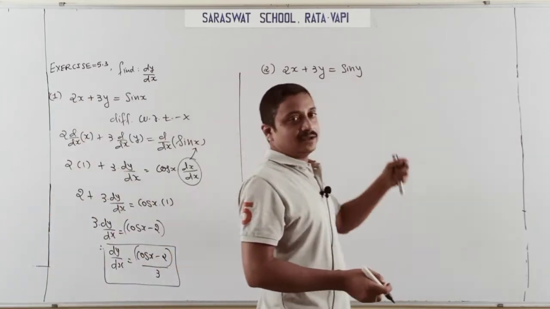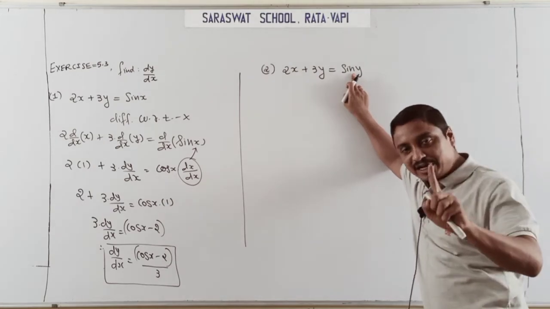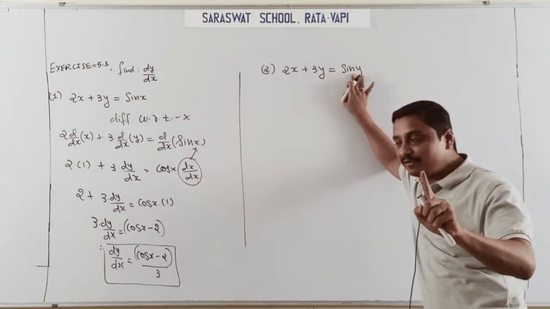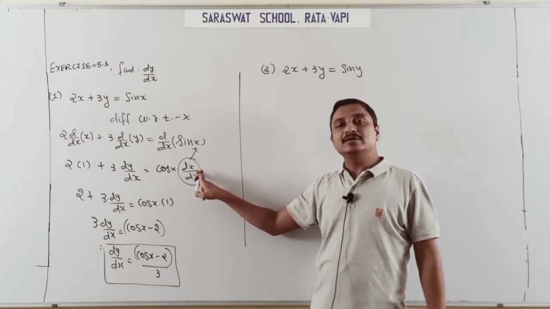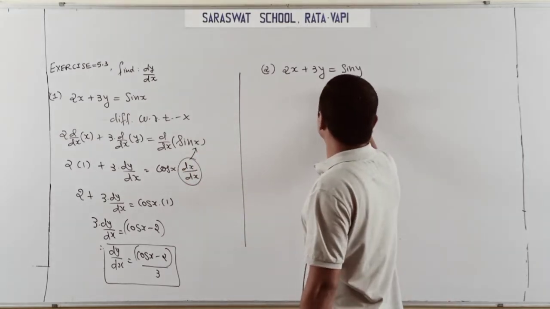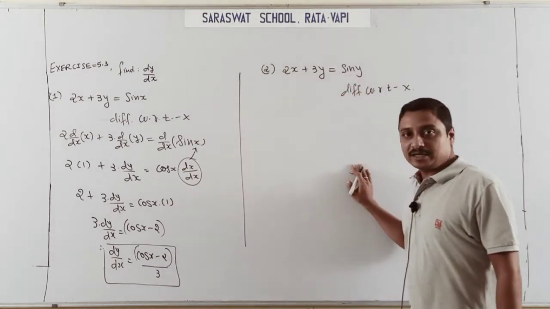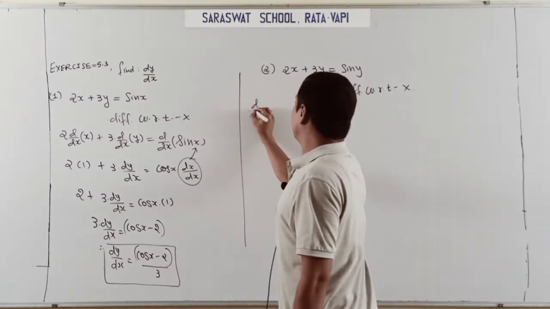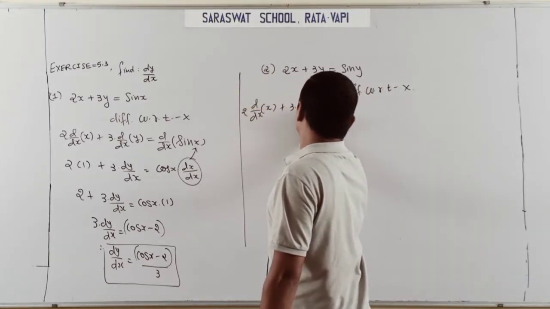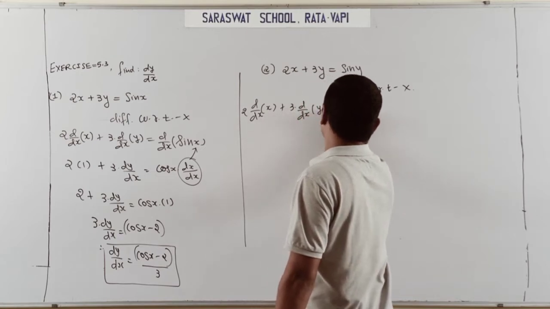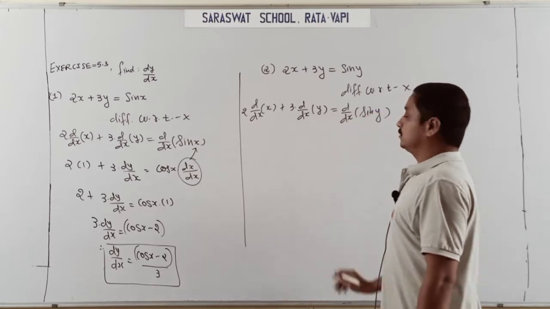Here also 2, 3 constant here. But look at that sin y given. So sin derivative first, after that y derivative. Similarly here, sin derivative first, after that x derivative with respect to x. So differentiation with respect to x. So dy by dx of, here 2 constant outside, x only, 3 outside, y only, and dy by dx of sin y.